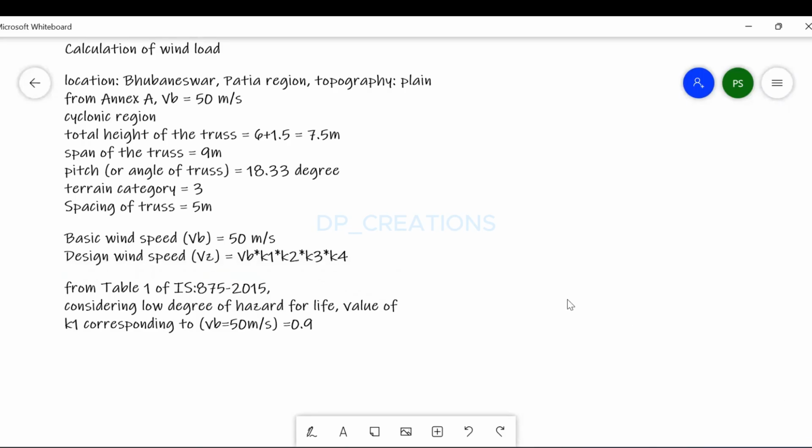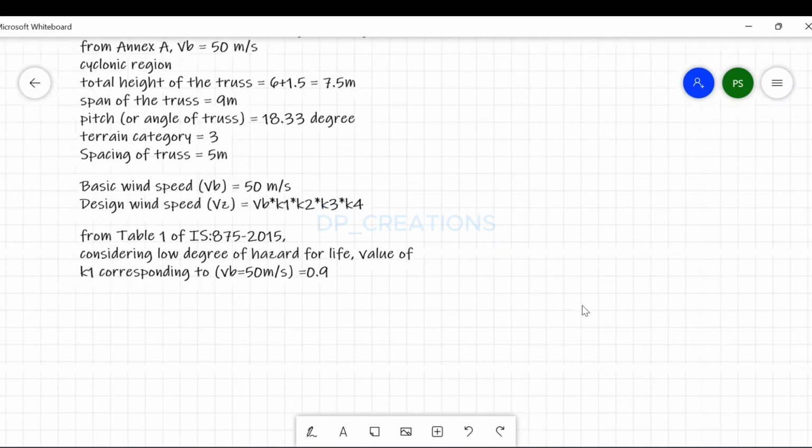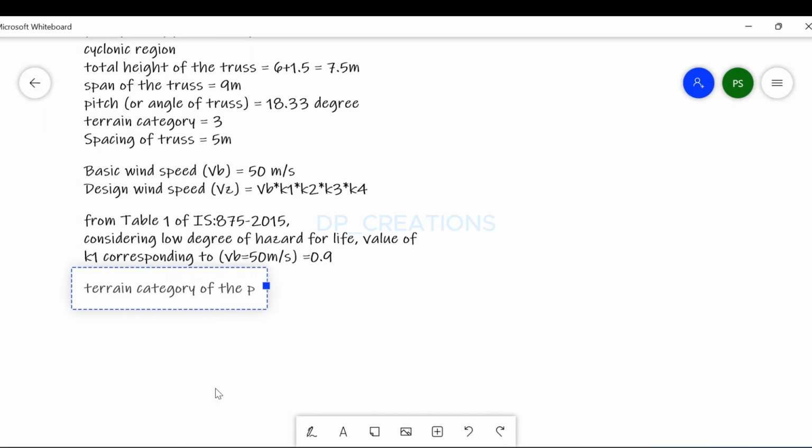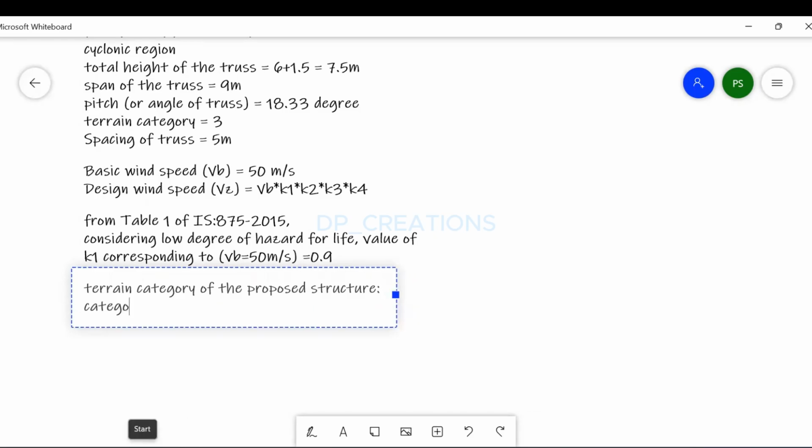That is your terrain category and your height of the building. Okay. So terrain category of the proposed structure, category 3.